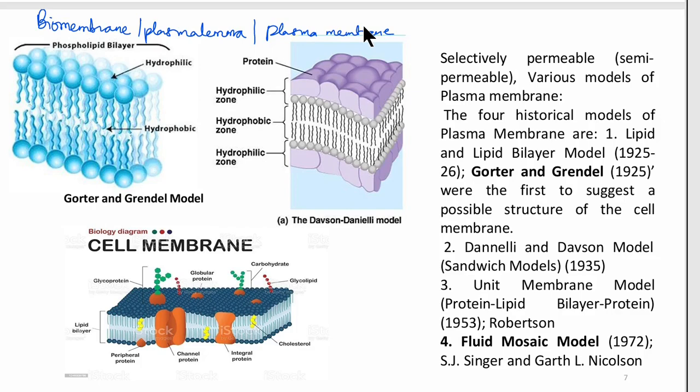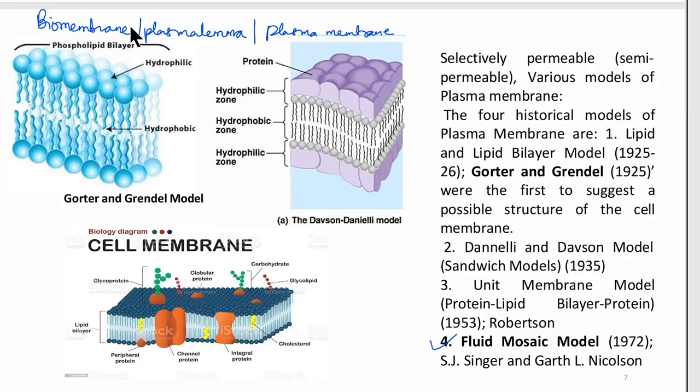The plasma membrane term was given by Pfeiffer. Likewise, plasma lemma was given by Flower. And the biomembrane was the term given by Singer and Nicolson, who also proposed the fluid mosaic model.